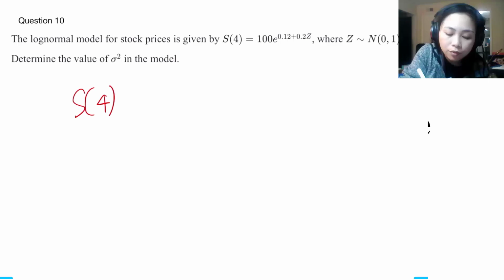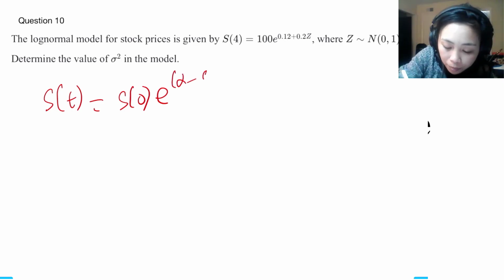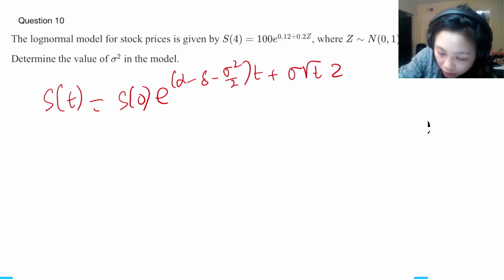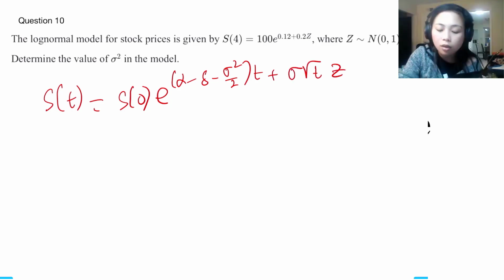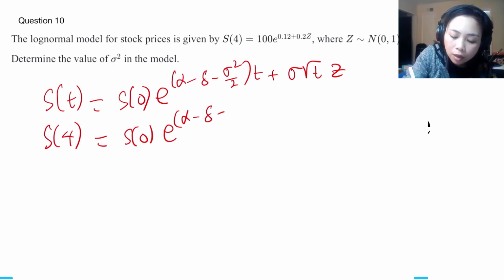The z cancels, so we got sigma square root of 4, which is 2 sigma, is equal to 0.2. So sigma is 0.1 and the question asks for sigma squared. So sigma squared is 0.1 squared, which is 0.01. So this is the answer. So yeah, 0.01, 1%.